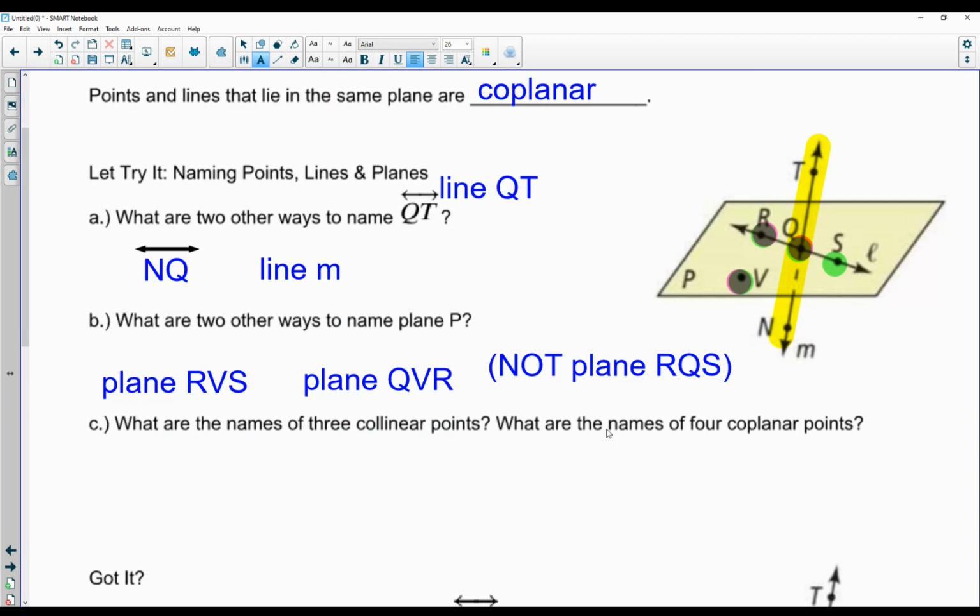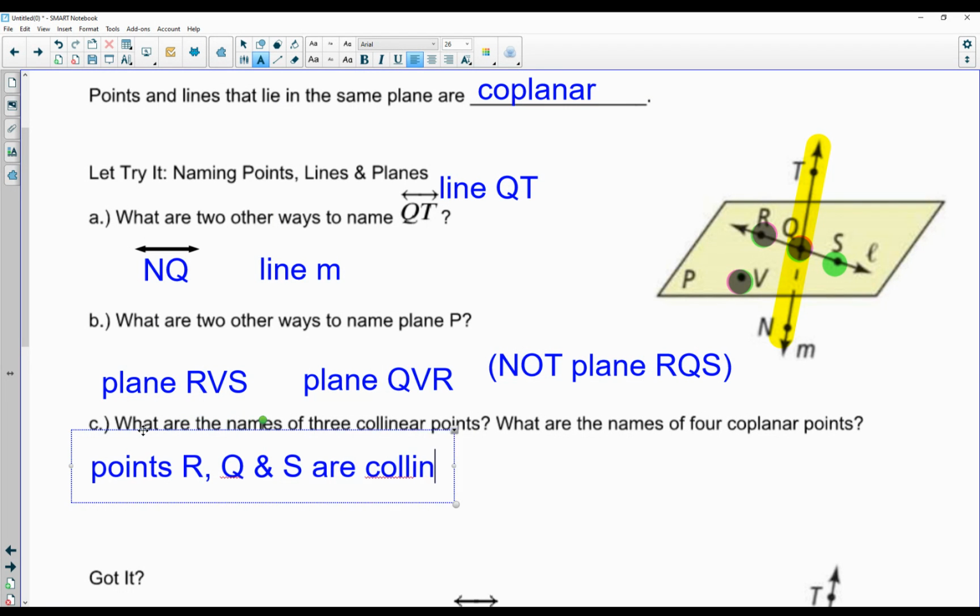Okay. Now here it says, what are the names of 3 collinear points? Well, that's kind of nice, right? The 3 points that are on the same line are R, Q, and S. So points R, Q, and S are collinear. They are on the same line. What are the names of 4 coplanar points? So just 4 points on the plane.